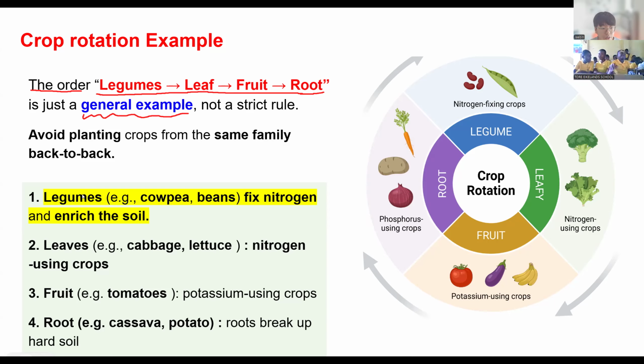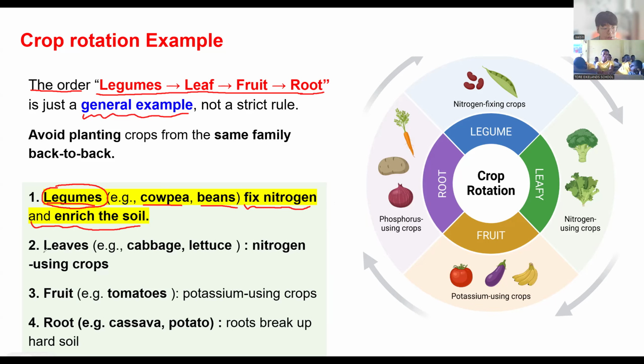So the order, remember, is legumes first. Legumes have to come first because they set up the nutrients necessary to plant the leaves. Legumes are things like cowpeas and beans. They're the ones that fix the nitrogen and enrich the soil.